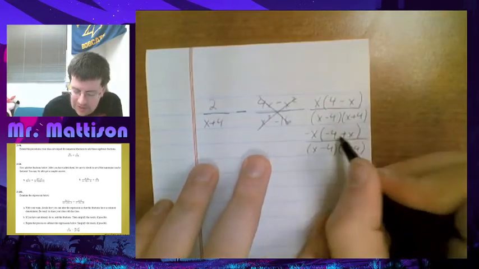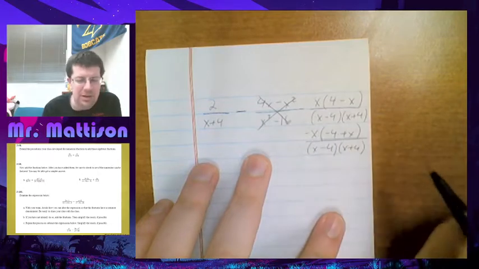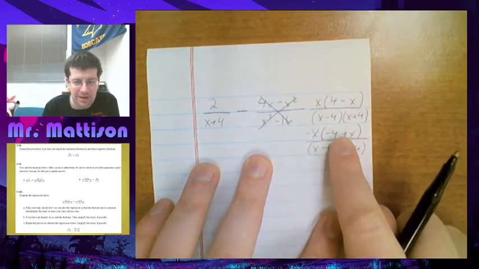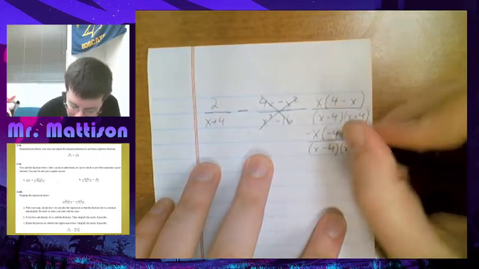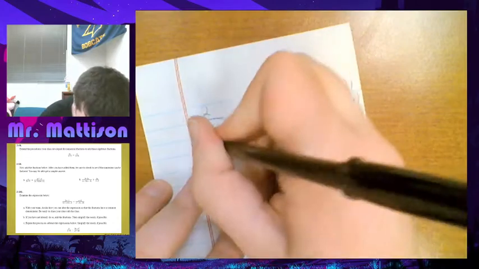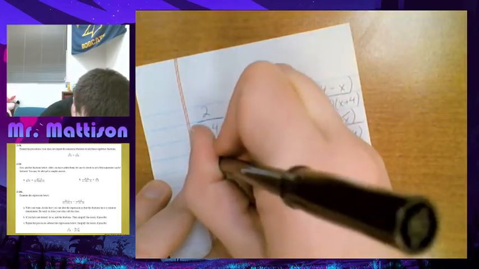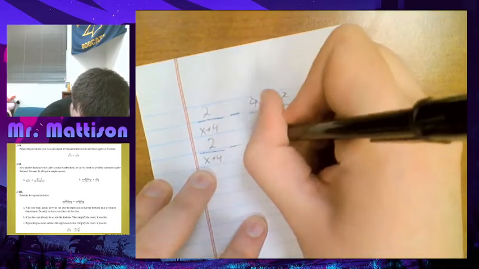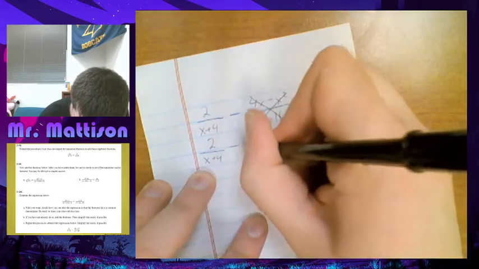So now these are the same. They're written in a different order, but if I just rewrote this as x minus 4, then they're the same. They're going to cancel out. So all I really have is 2 over x plus 4 minus negative x over x plus 4.